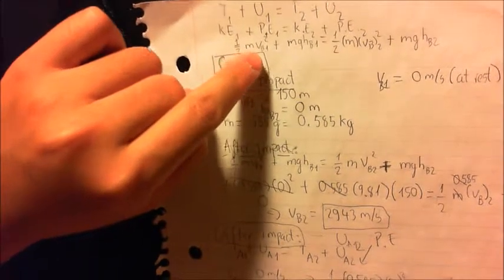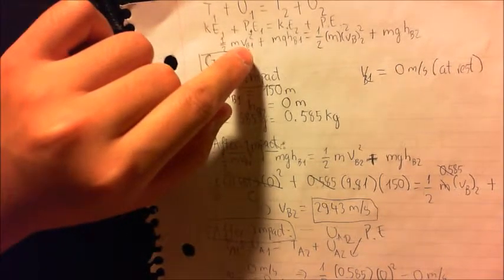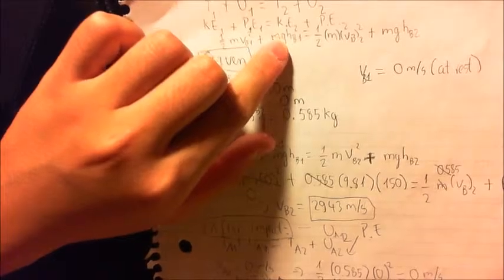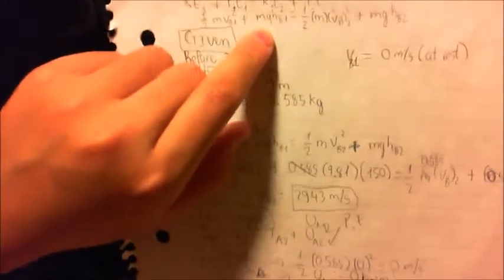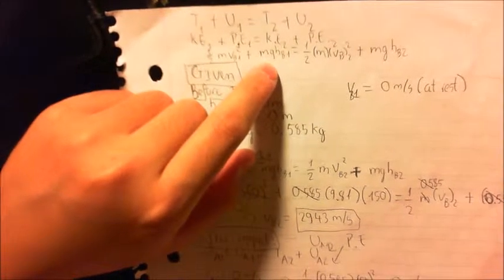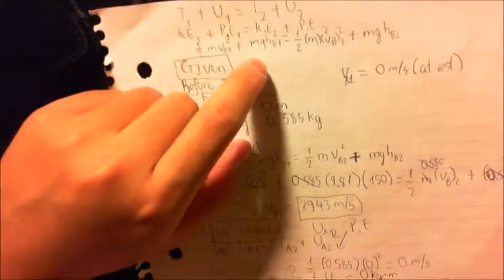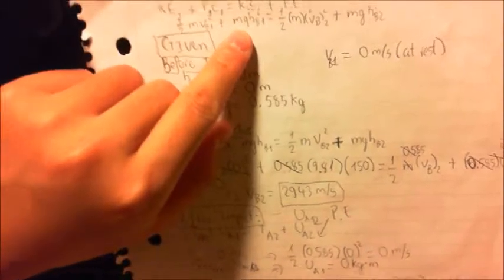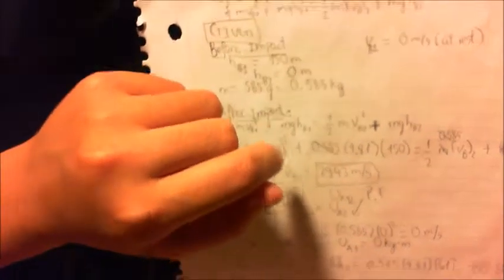This is the equation for kinetic energy, 1/2 mass times v squared, plus the equation for potential energy, mass times gravity times height. Since we're living on planet Earth, we use 9.81 meters per second squared for gravity.